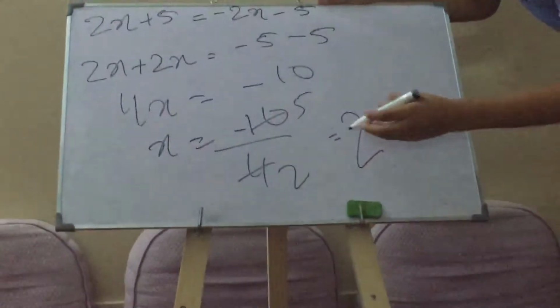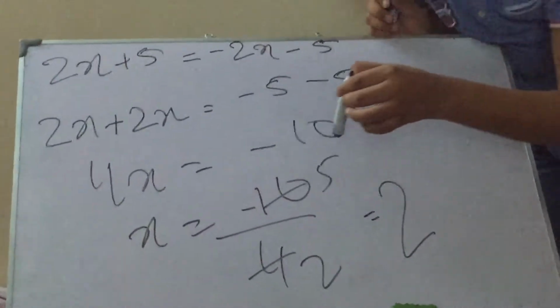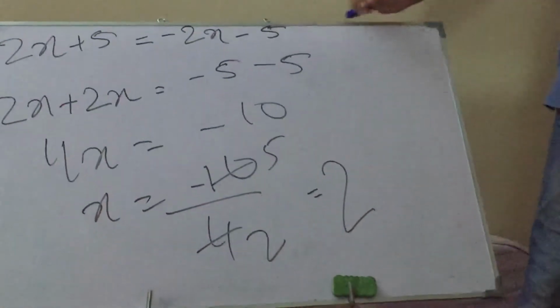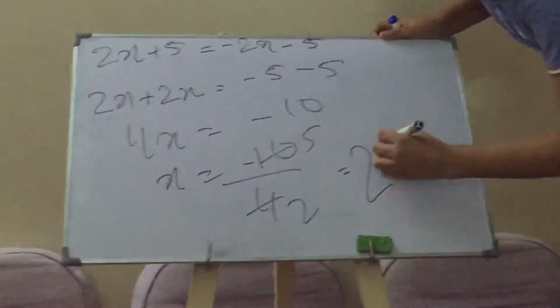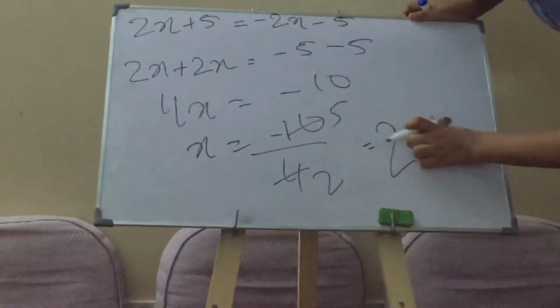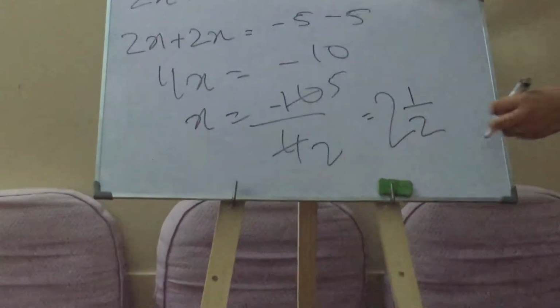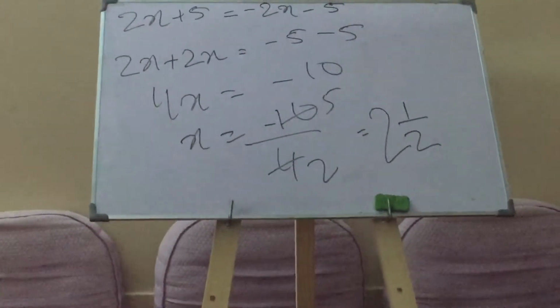So 2 whole, like in my first video, I told you that if there is an improper fraction, we would change it into a mixed fraction. So 2 whole, 1 upon 2. So guys, just think, just focus on it.